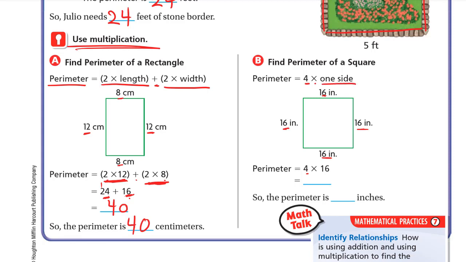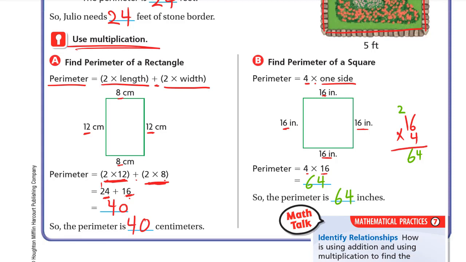So we can make it 4 times 16. So 4 times 16. Here 4 multiply 6 is 24. Write 4 down and 2 up. 4 multiply 1 is 4, plus 2 is 6. So the perimeter here is 64 inches.